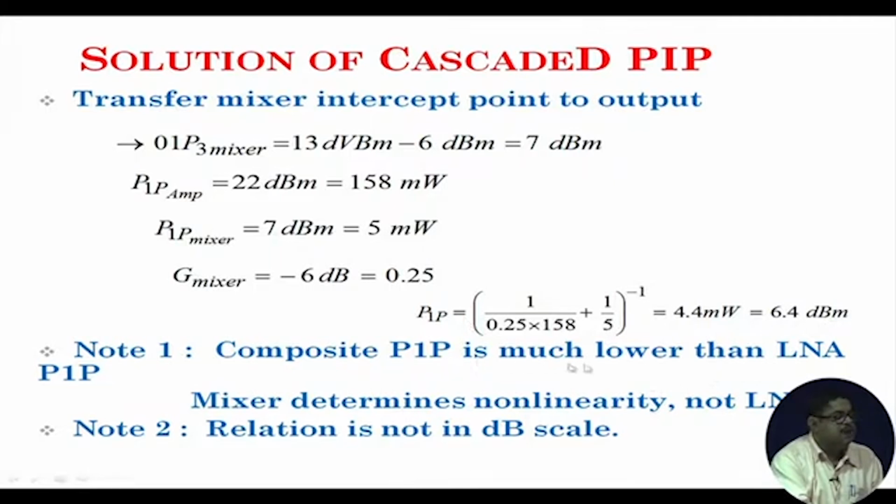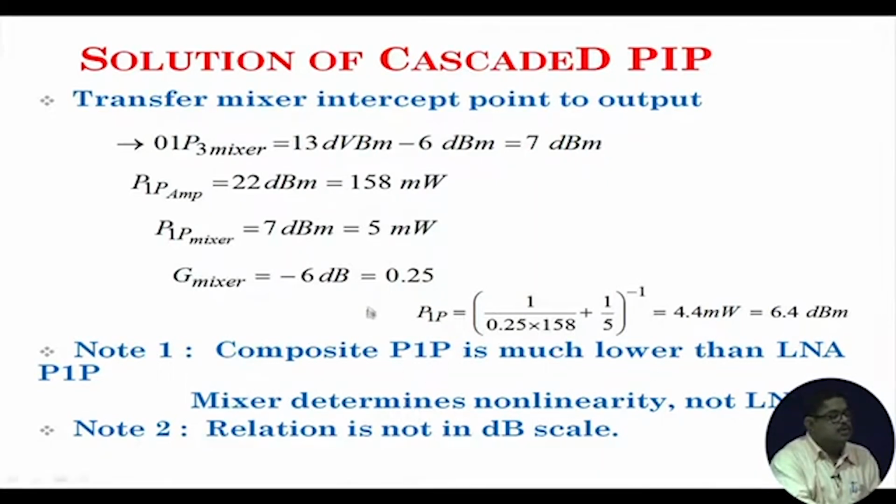So, the composite PIP you see is much lower than the LNA PIP. Why? Because the mixer actually determines the nonlinearity. Even though we have large signals, the mixer always determines the nonlinearity. So, the composite PIP is much lower. This is important because in the overall system you need to find out the nonlinearity.